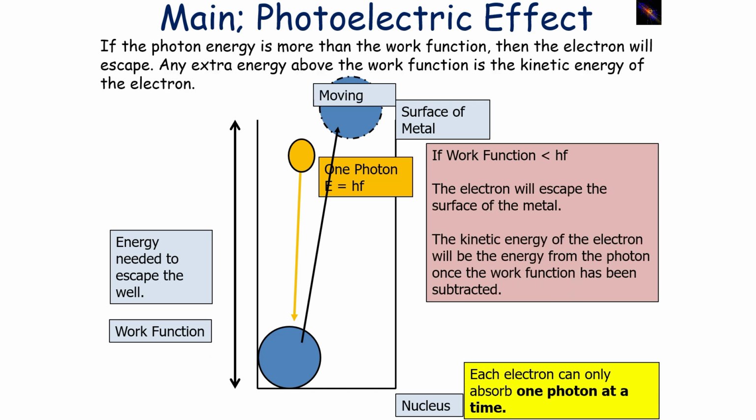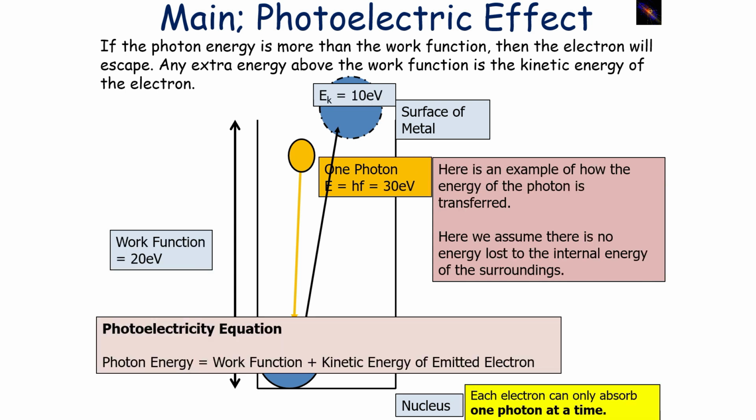Above the threshold frequency, the intensity can affect photoemission as each photon has the energy to overcome the work function. If the work function is smaller than the energy of the photon, the electron will escape the surface of the metal, and the kinetic energy of the electron will be the energy from the photon once the work function has been subtracted. So we can assume in this situation that no energy is lost to the internal energy of the surroundings.